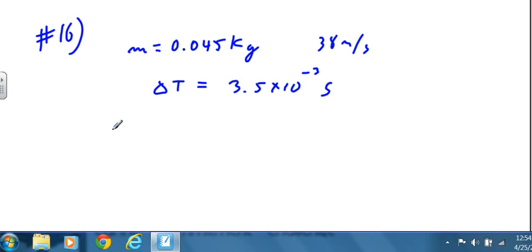So we move back a couple pages and we see that impulse is force times change in time. I'm looking on page 189. So I need force, which is mass times acceleration, and change in time.